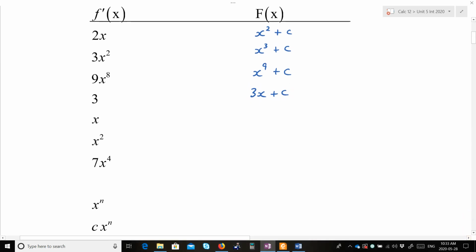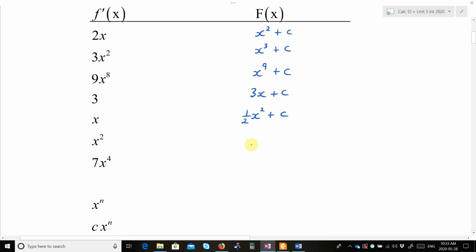Like, for example, if the derivative is x, we'd have to have x squared with a 1/2 in front plus c, because 2 times a half is 1, and then the power of the x would go down by 1, and we would just get x.